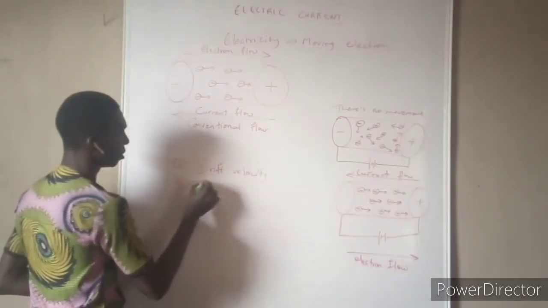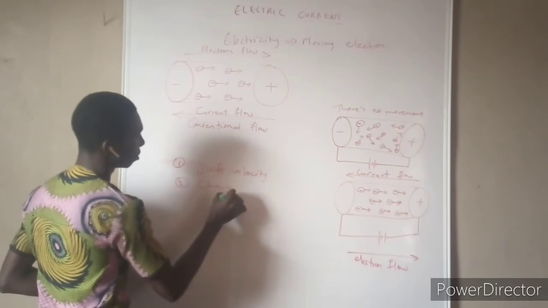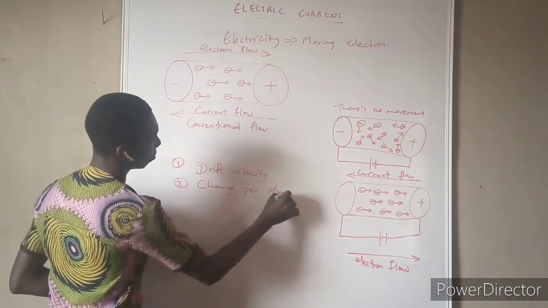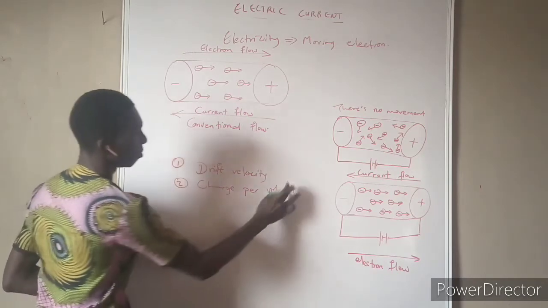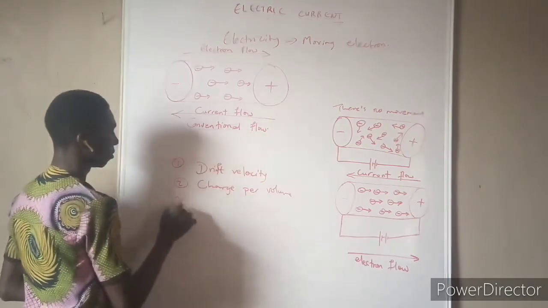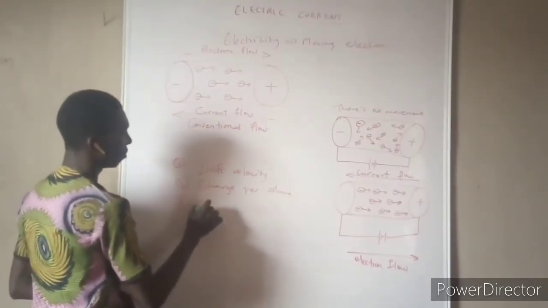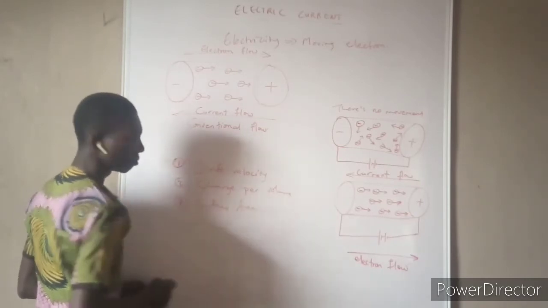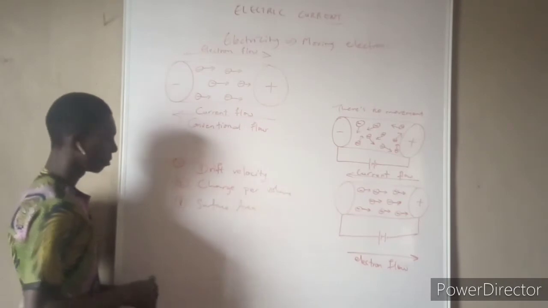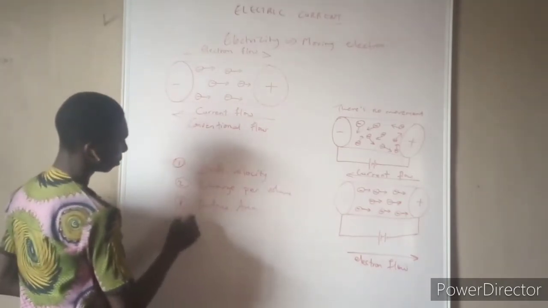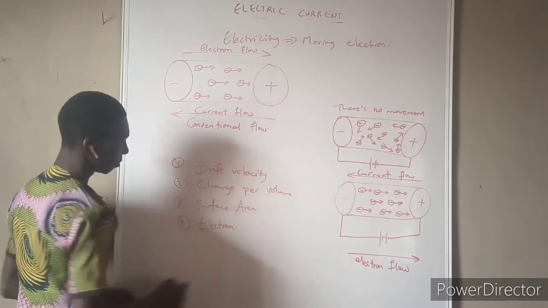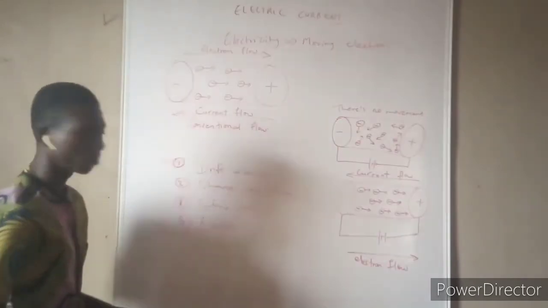Another one is the charge per volume. The third one is the surface area of the conductor. And the fourth one is the electron itself.